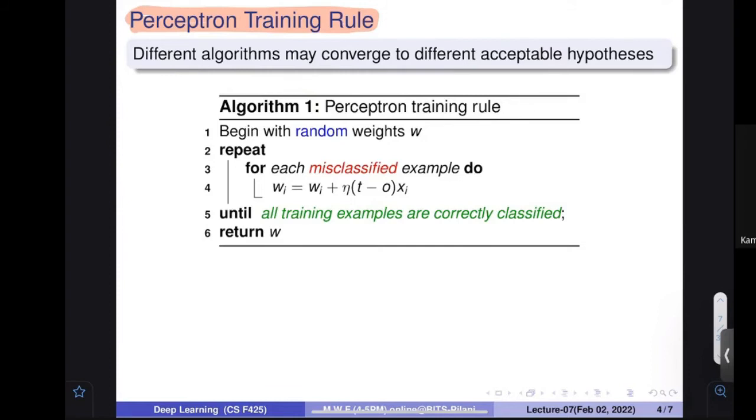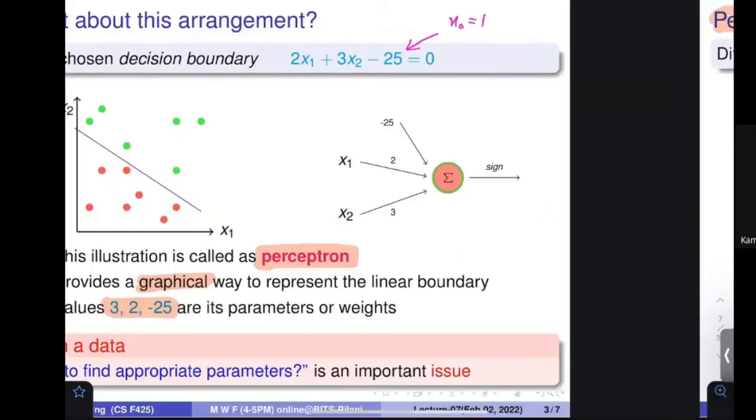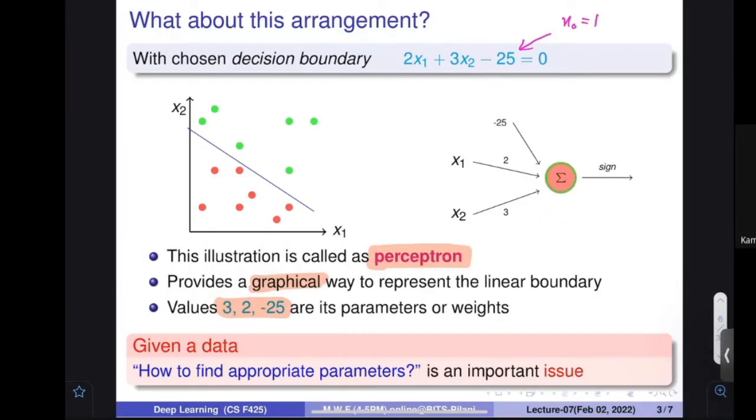And the algorithm is very simple. The algorithm says that you begin with random weights. Let me formulate this problem. With respect to x, we have two values, x1 and x2. So the linear equation is going to be something like w0 plus w1 x1 plus w2 x2 is greater than 0.